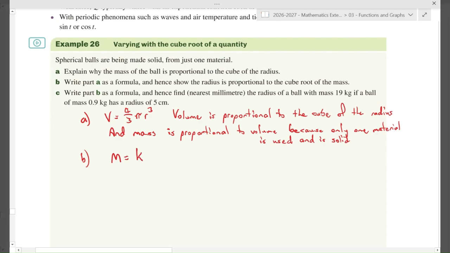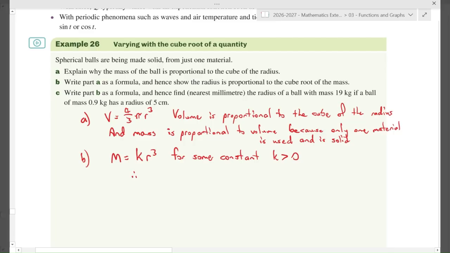K. So m equals k r cubed for some constant, some number greater than 0.